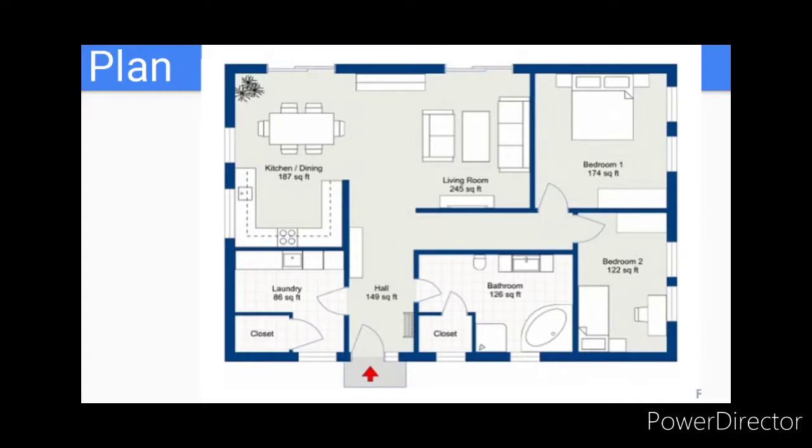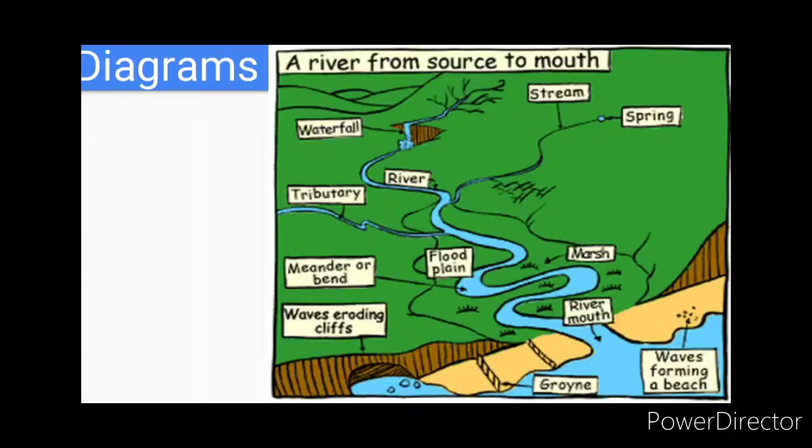So a plan is for a particular place, a particular house or a particular building. So this is a plan for a house. It indicates that this is the entrance. Then you have where you will have your kitchen and your dining room, where your living room will be, where your bedrooms and washrooms are. So it is a plan. That is how it is going to be built. That is how this house is going to look like.